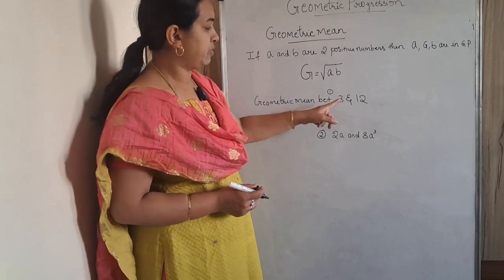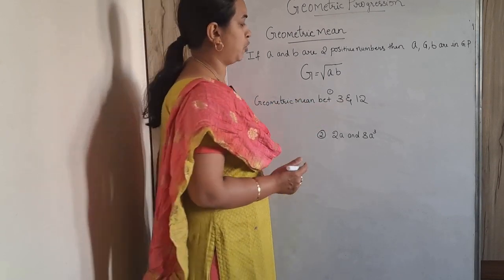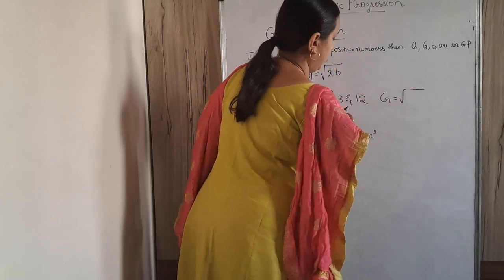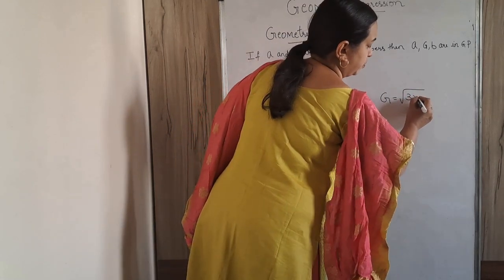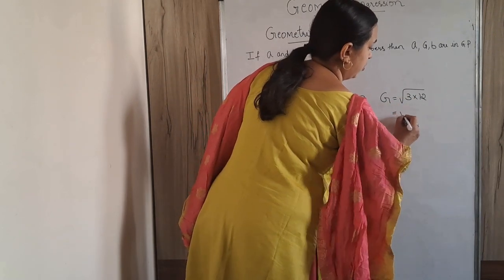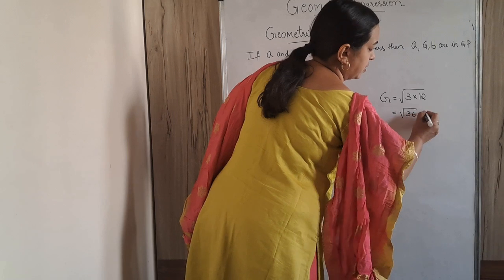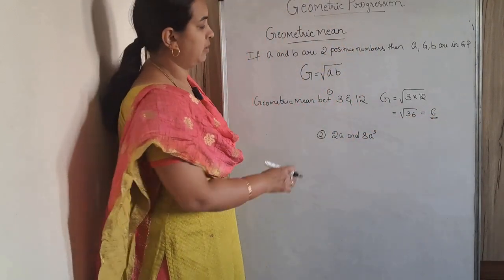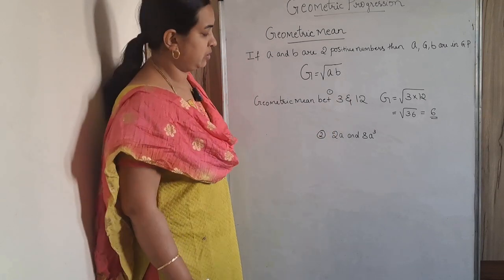The geometric mean between 3 and 12 can be found by G is equal to root of 3 into 12. So this will be root of 36, which is nothing but 6. So 6 is the geometric mean between 3 and 12.